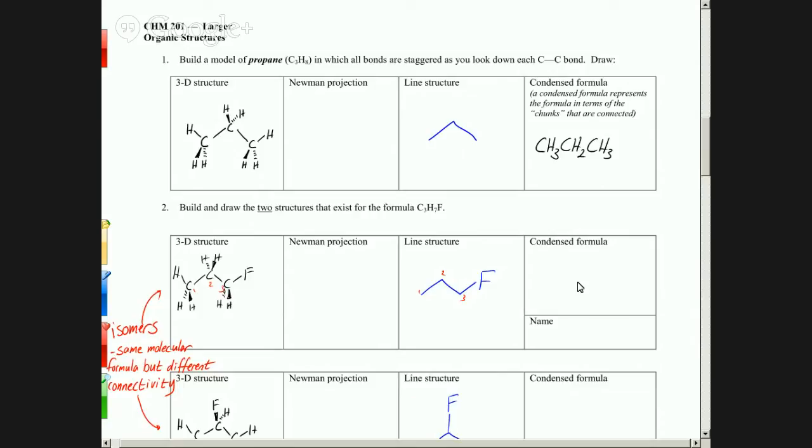Anybody want to say it out? Go ahead. CH3, CH2, CH2F. Now we need to know a little bit about chemistry to be able to interpret these. We need to know that hydrogens don't get multiple bonds, and they're actually coming off of the carbon. But other than that, this tells us the same kind of information.